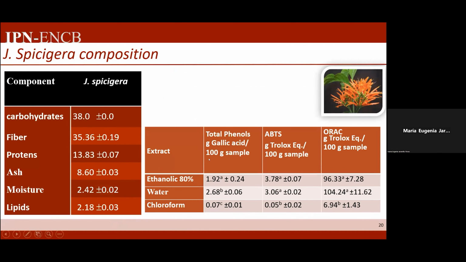We evaluated total phenolics as a gallic acid equivalent and measured the antioxidant activity by ABTS and ORAC. We used a phenolic extract of the phenolic compounds. We used other extracts from water and from chloroform.